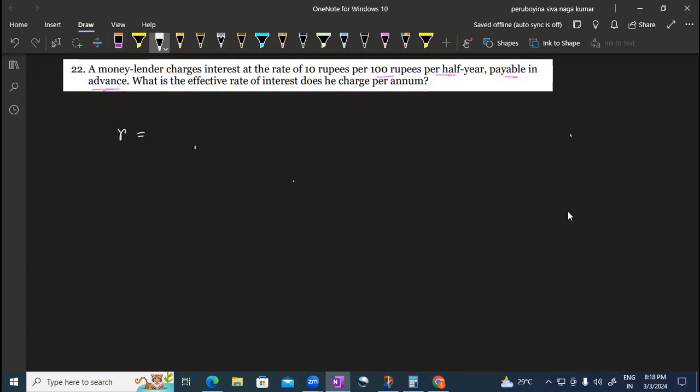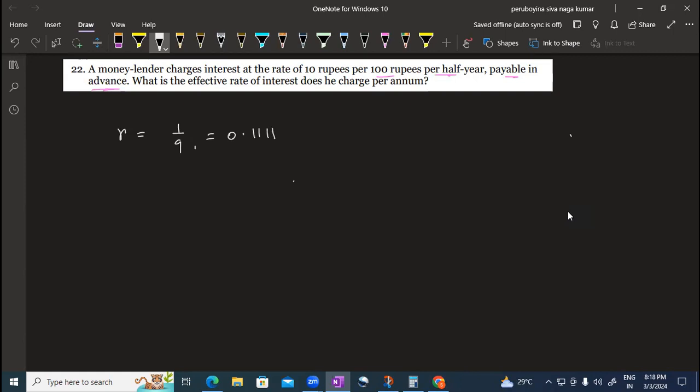So the rate of interest will be 1 by 9, that is approximately equal to 0.1111.